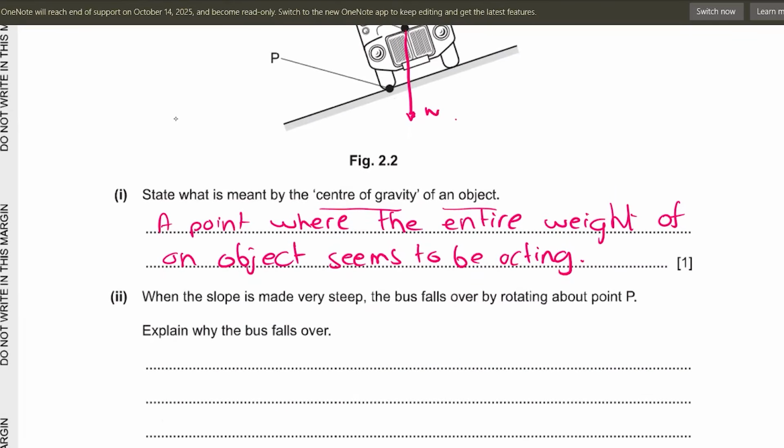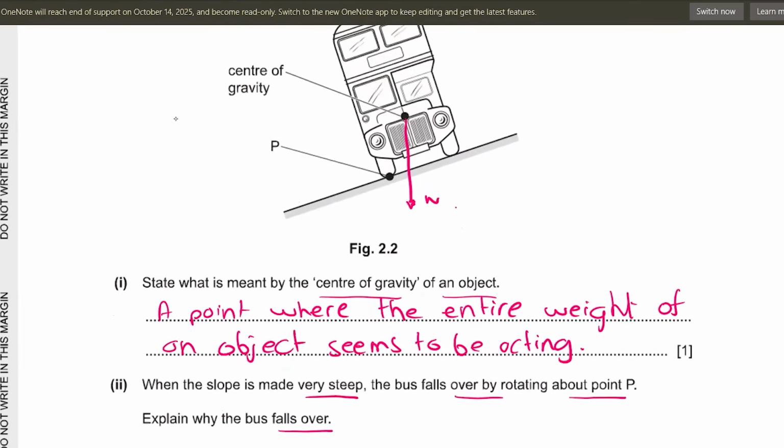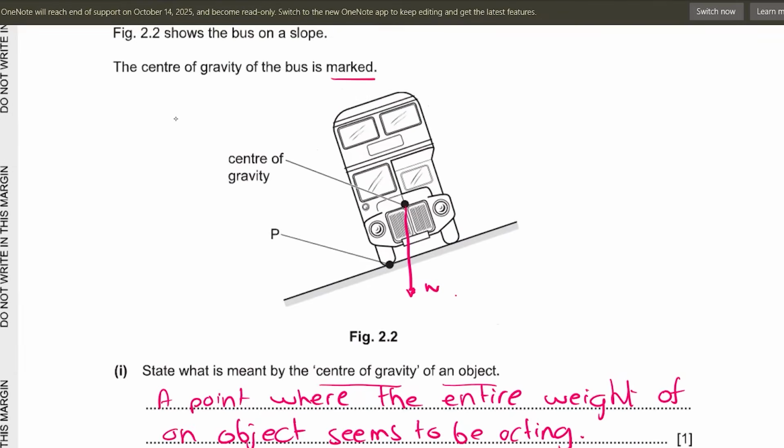When the slope is made very steep, the bus falls over by rotating over point P. Explain why the bus falls over. भाई बस क्यों फॉल ओवर करेगी? देखो बेटा, आपका कोई भी ऑब्जेक्ट टॉपल कर जाता है. कोई भी ऑब्जेक्ट टॉपल कर जाएगा अगर उसका वेट बेस एरिया से बाहर निकल जाए.